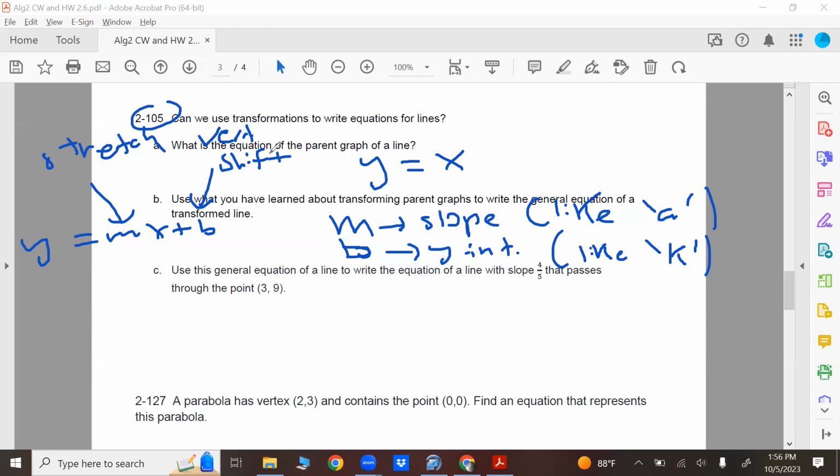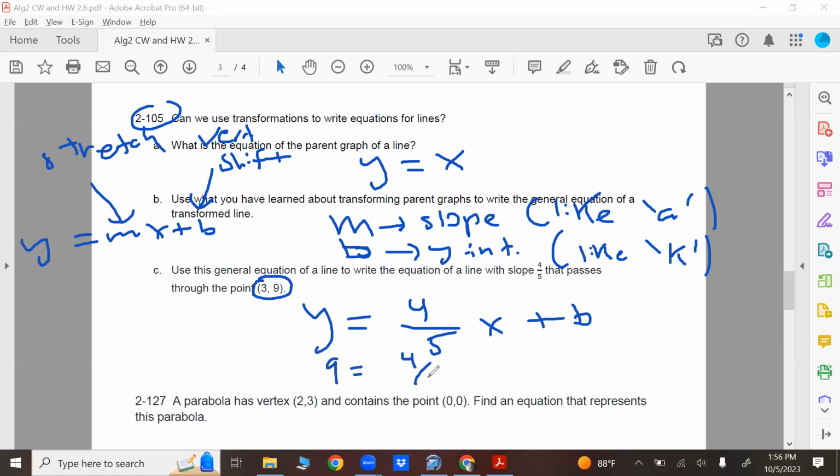So this one's pretty easy. I think you guys know what to do here. y equals 4/5 x plus b. And how would you solve for b? What would you do? Go ahead, Jack, you're saying something? Perfect.